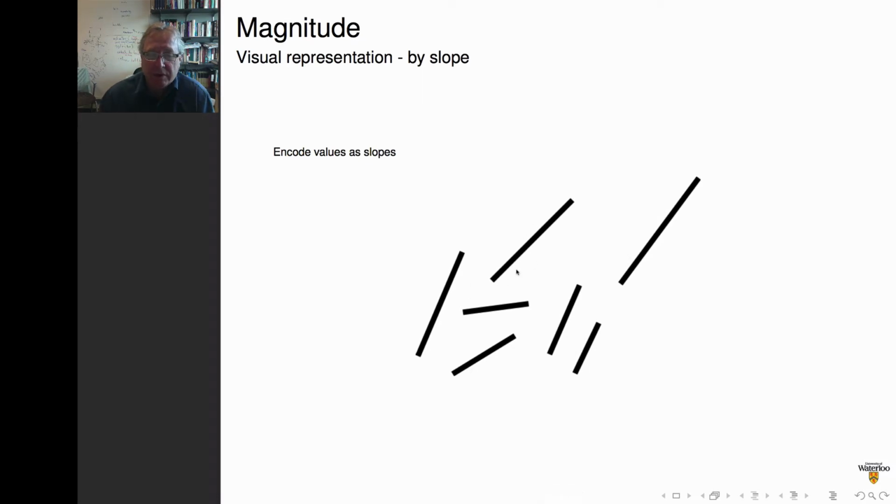Alternatively to the length, lines also appear on the display. They've got some sort of slope. We may have a better sense of what a slope is, those of us that have some experience with Cartesian coordinates anyway, that this may be close to a slope of 1. This looks like it's greater than 1. This looks like it's greater still than 1. And if it's going the other way, it would be a negative slope, and a zero slope would be flat.